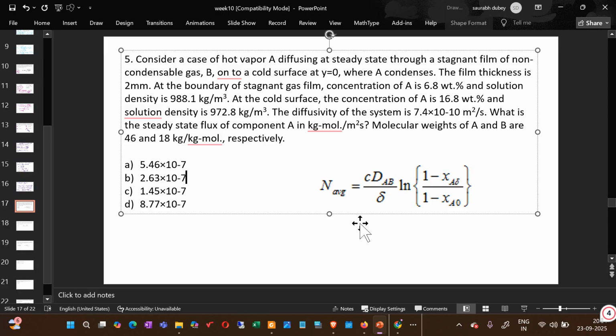The diffusivity of the system is given. So let me just fix it. What is the steady state flux of component A in kg mole per meter square second? The molecular weights of A and B are given.